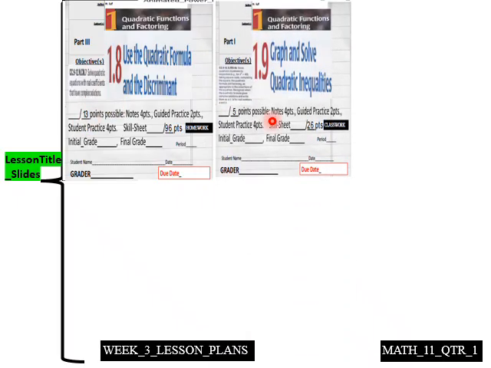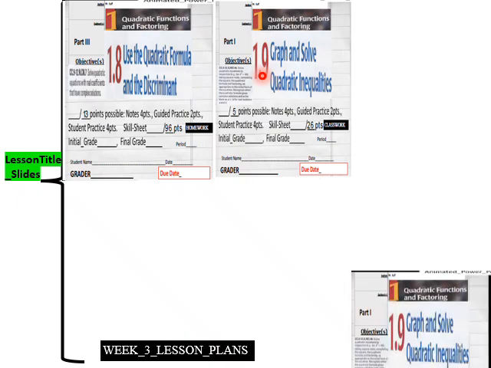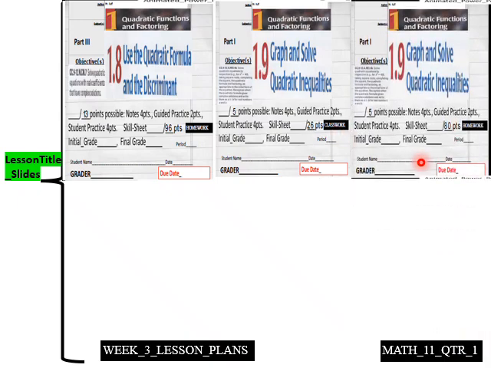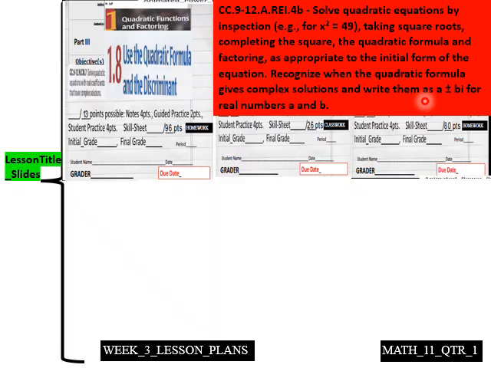And then 1.9 part 1 has 26 points of classwork and 5 points of note taking. Then 1.9 part 1 homework is 80 points for graph and solve quadratic inequalities.